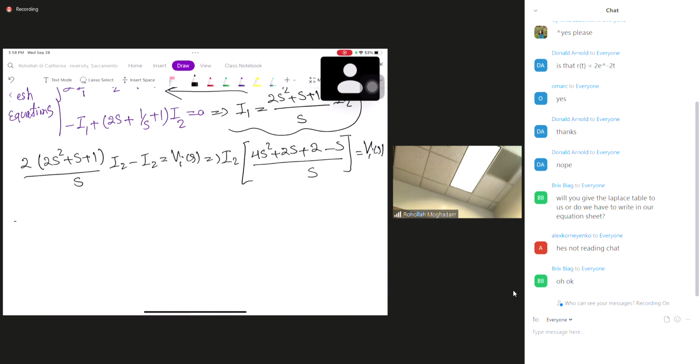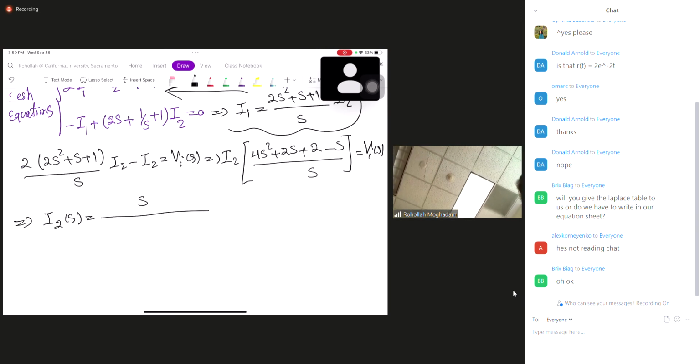So therefore, I2 of s becomes s times VI of s over 4s squared plus s plus 2, right?